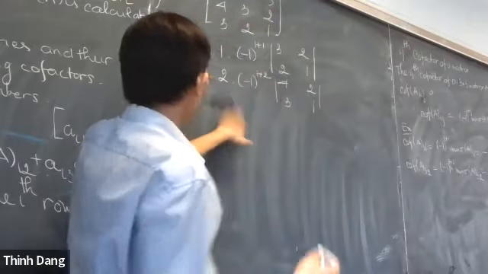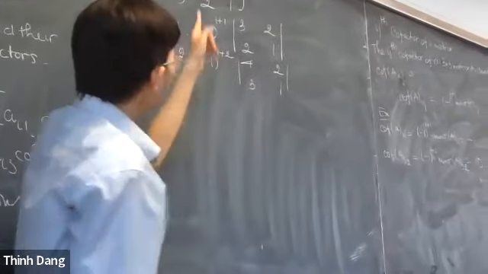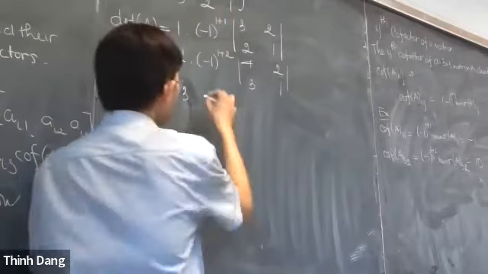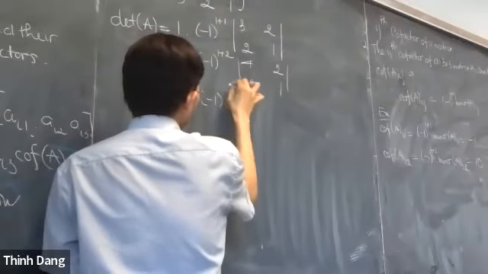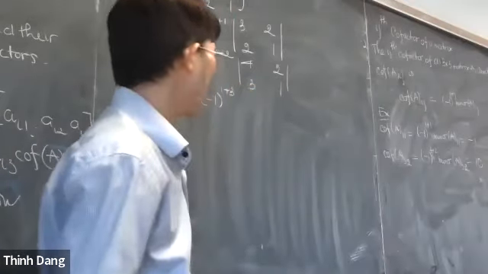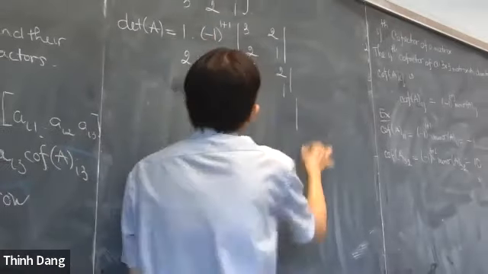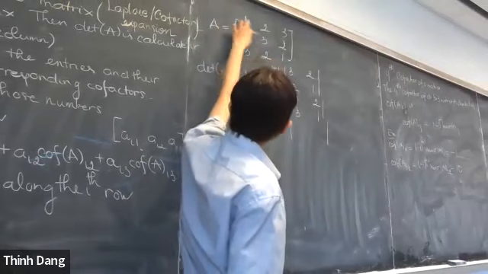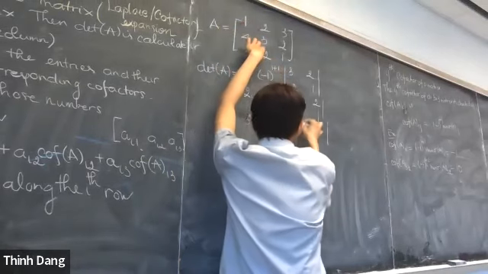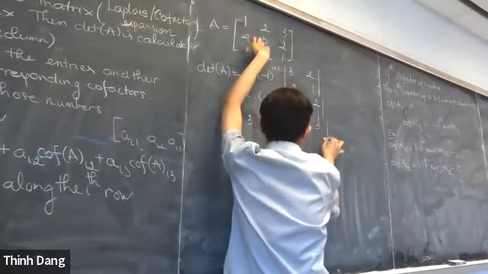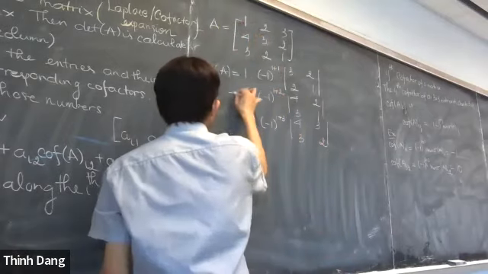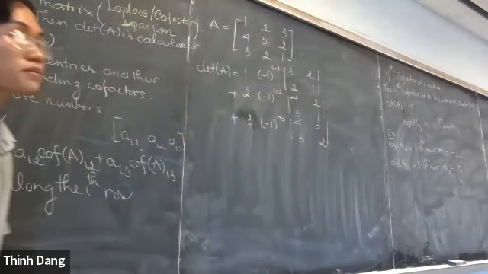Last but not least, the final entry is lying on the first row, the third column. So we should multiply this with -1 to the power of 1 plus 3, and then multiply with the determinant of the matrix 4, 3, 3, 2. And I'm going to add all of these numbers together.